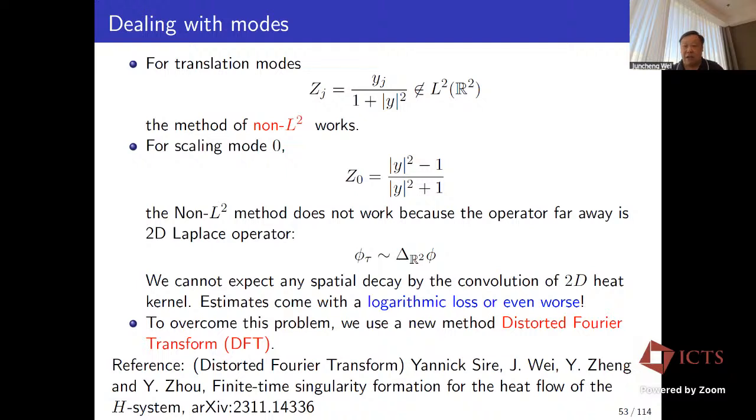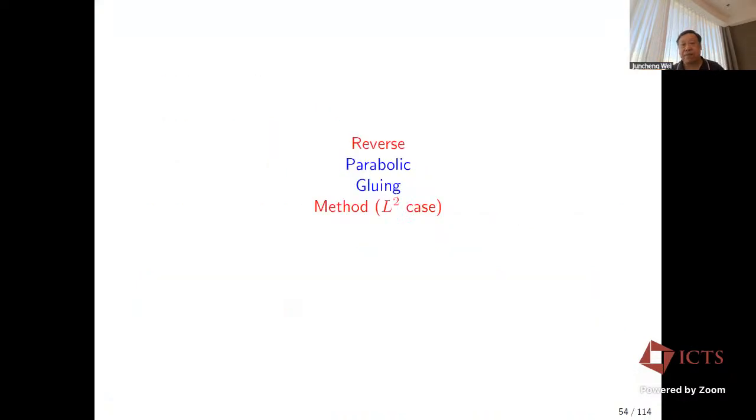Okay, so this is an overview of the parabolic Gaussian. We discussed the parabolic Gaussian in dimension 5, which is the L2 case, and dimensions 4, 3, and 2, which are non-L2 cases. In all these discussions, we construct solutions.